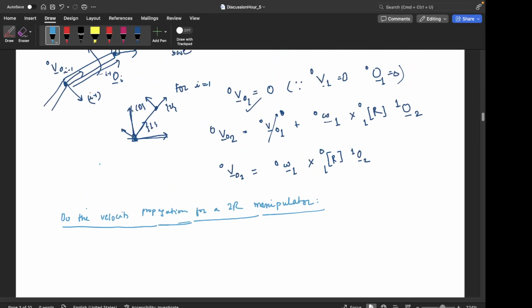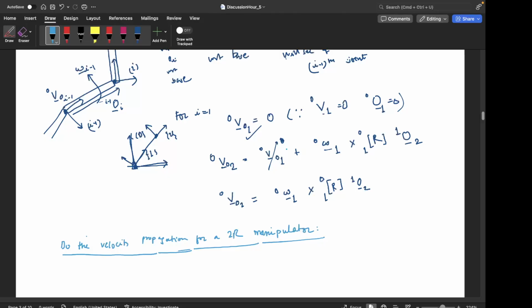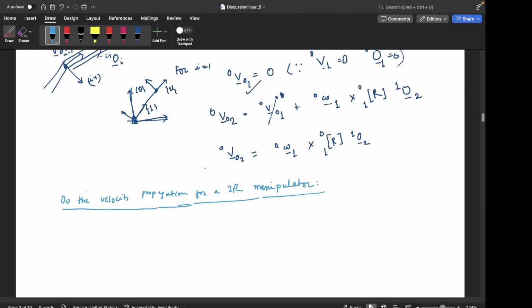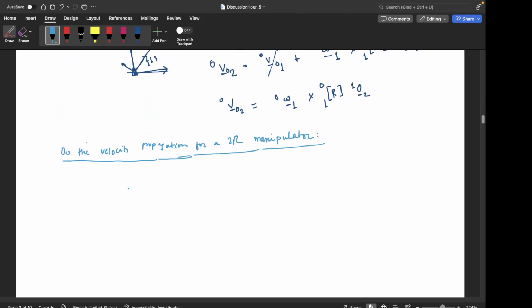Right, so we start with the first equation, which we have already done. Let me write it once again for completeness' sake. I will vary I from 1 to 2 to 3, since we have 3 frames for which we want to write the velocities. 0 is the base frame.